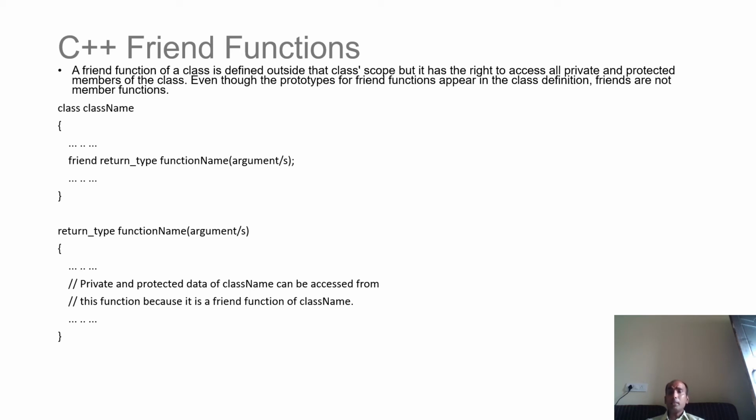Now I want to make this function a friend of your class. For that, you need to declare it as a friend inside the class. You can declare it either in the private or public section. It's your choice, that doesn't matter. If it is a friend, it can be declared anywhere. At the time of declaration, you can see inside the class I have used the friend keyword.